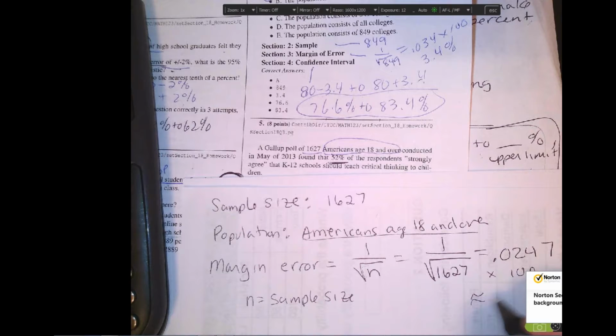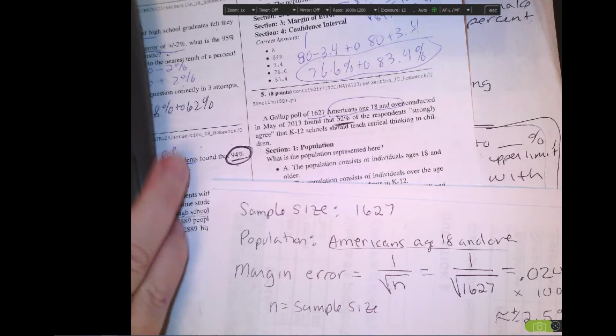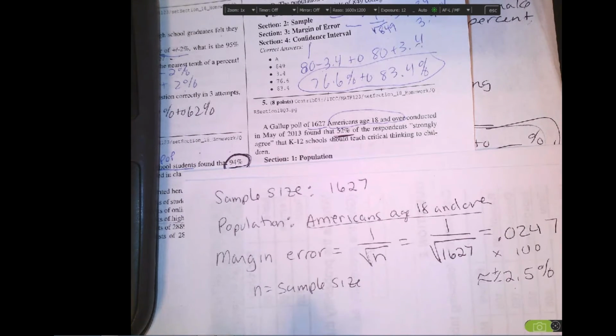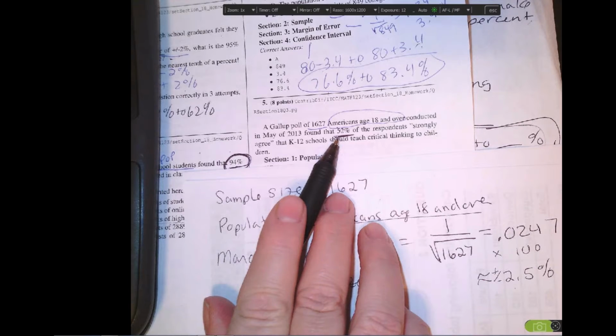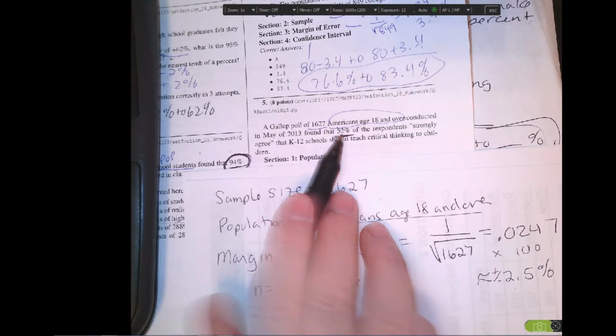You get about a 2.5% margin of error. And you go plus and minus from the results of the statistics. It's a 95% confidence level, but the results of the statistics aren't 95. Maybe sometimes it is, but you've got to look. It's 52.